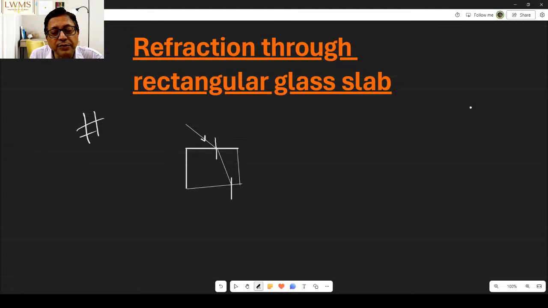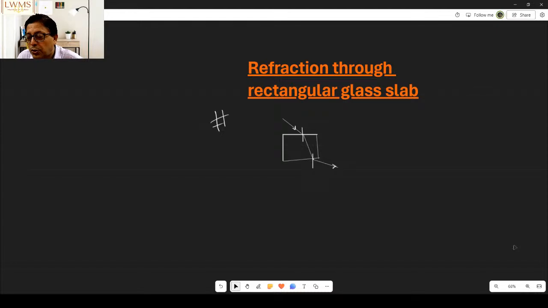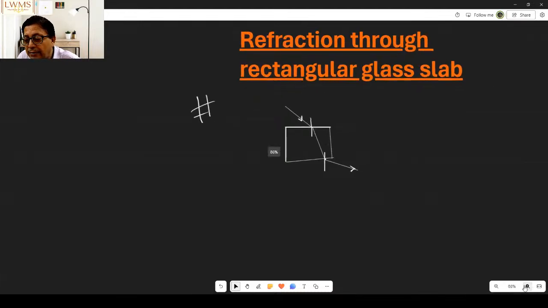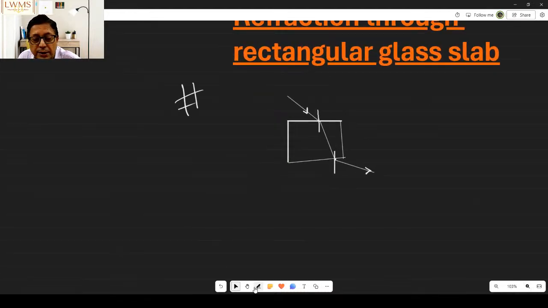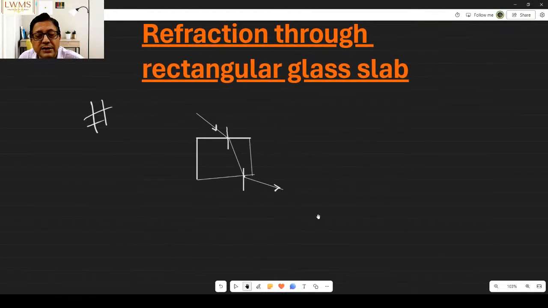Then finally it will be refracted in this manner. So inside the glass slab, light suffers refraction. Thickness of the slab we have taken T and refractive index mu.